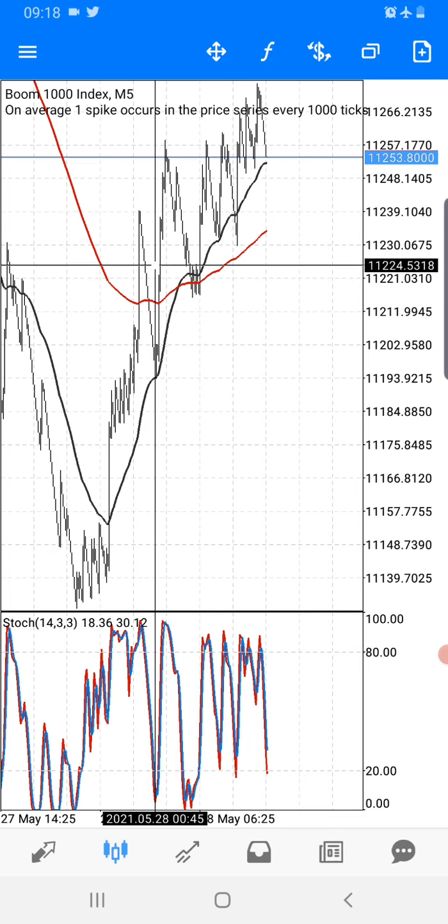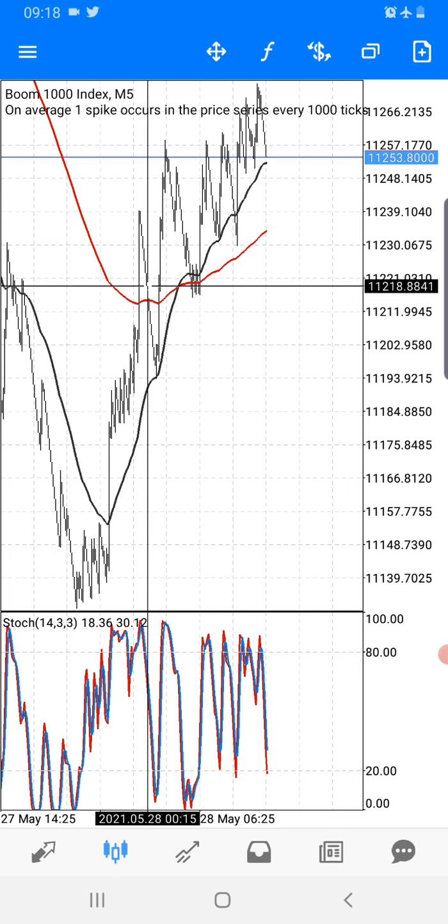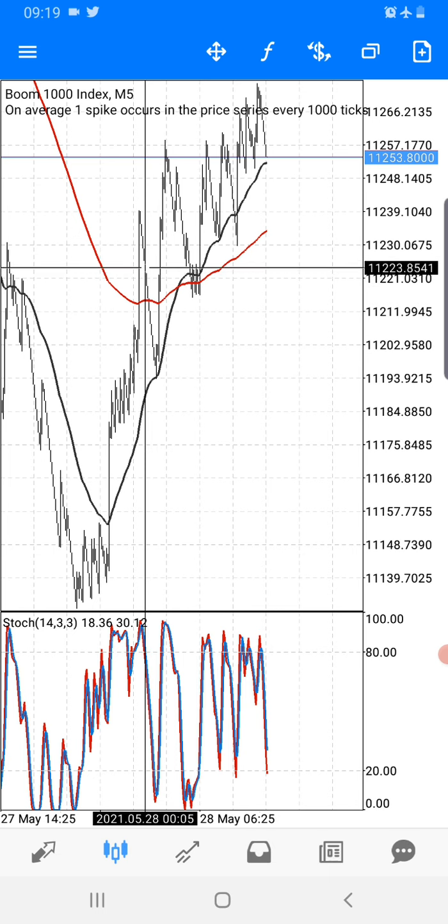For me, when the cross has taken place here, I could wait for the spike to occur in BOOM 1000. Once it occurs, let's say I enter here, that's 1122.4, then plus 30, that's 1125 for that. So that means I'm going to have exited here.